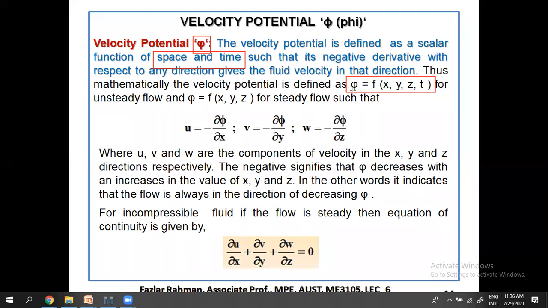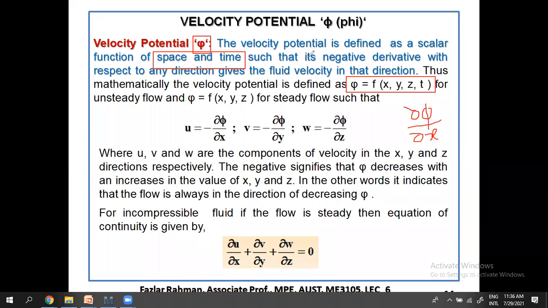If you take the derivative along the x-axis, it will be del phi by del x. Along the y-axis, del phi by del y, z-axis del phi by del z.